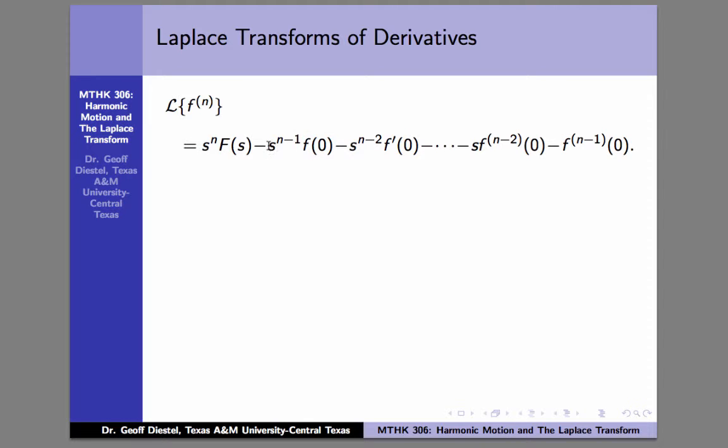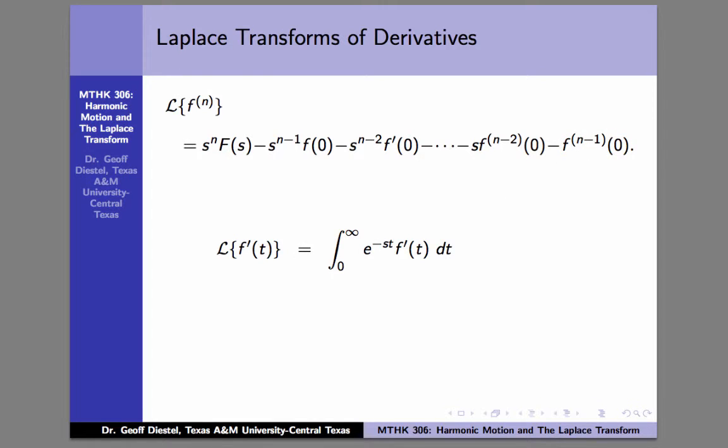So s to the n minus 1, f of 0. And you can think of f as like the 0th derivative. And then we have s to the n minus 2 and the first derivative at 0. And it keeps going that way until we get to s to the first power and the n minus 2 derivative at 0. And then s to the 0 power, which is 1, times the n minus first derivative evaluated at 0.